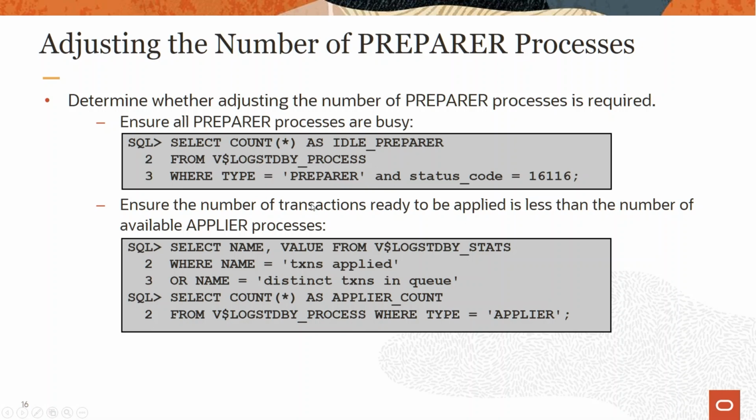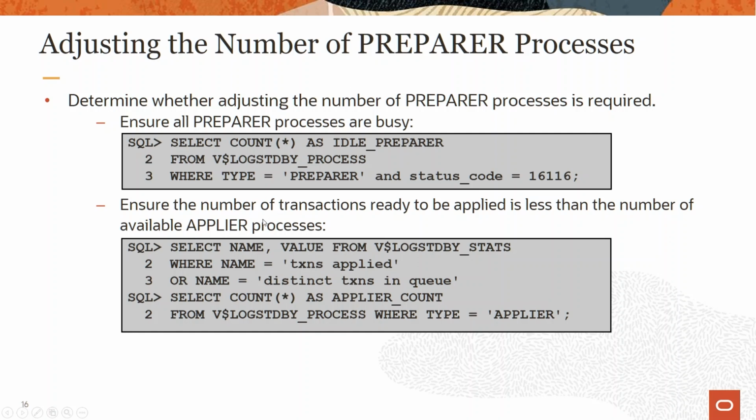This SQL statement should return 0, actually no rows, meaning that there is no idle preparer process. If it returns actual rows, that means you have idle preparer processes. So you have to check whether your preparer processes are busy, or if there are any over-allocated resources or not, by executing this SQL statement.